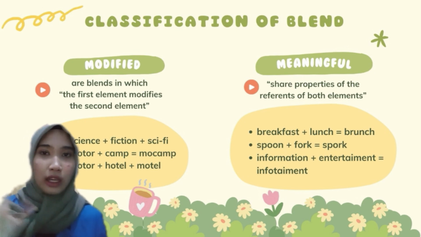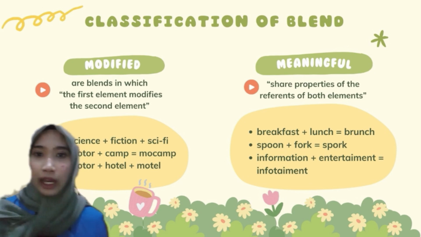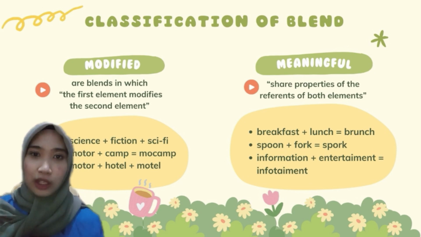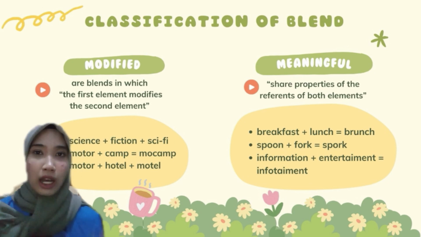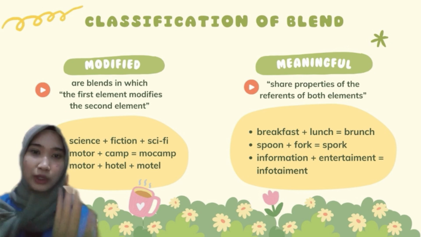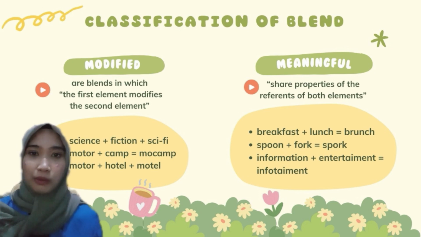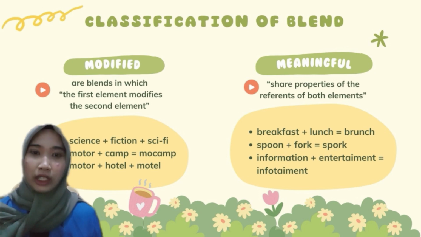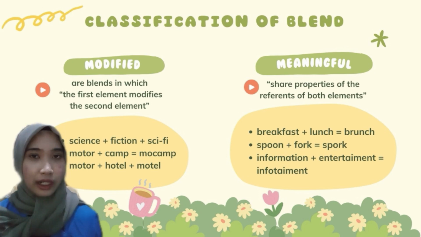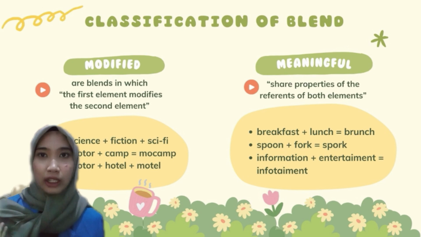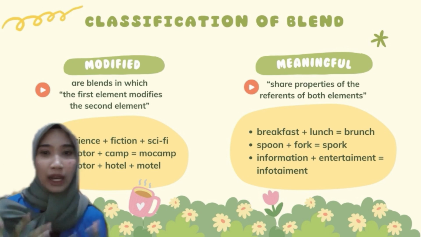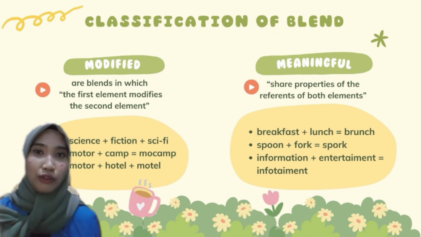The second example is spoon plus fork, which became spork. We take spoon and fork, spo plus rk, which becomes spork. And then the last example is information plus entertainment. The blends are combined, which became infotainment.